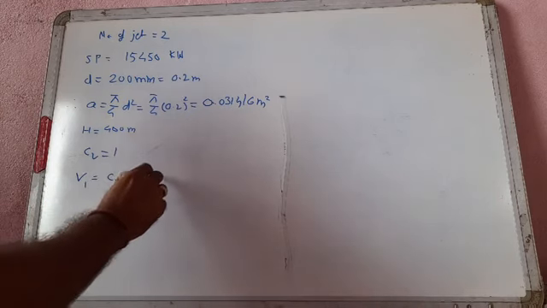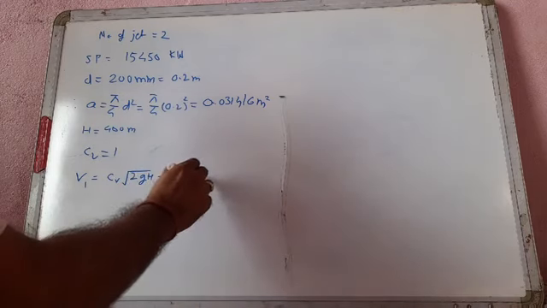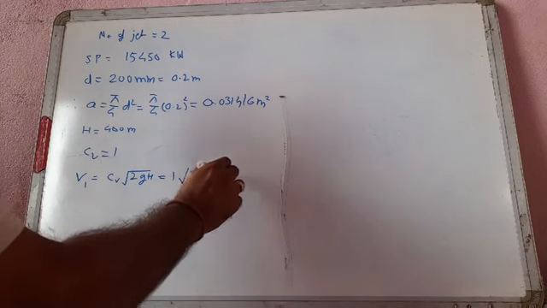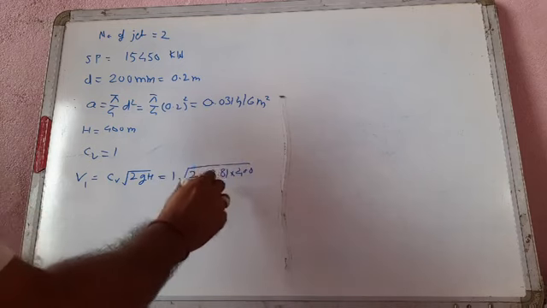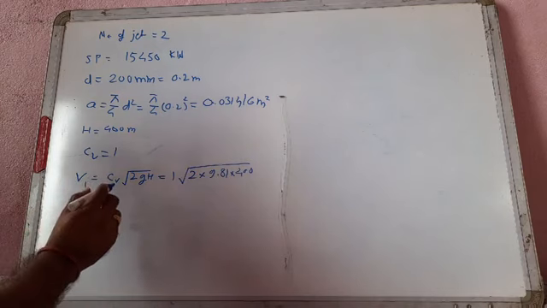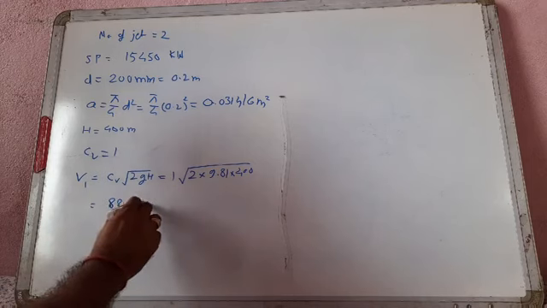Putting the values, 1 into root 2 into 9.81 into 400. Here the velocity of jet is calculated as 88.58 meter per second.